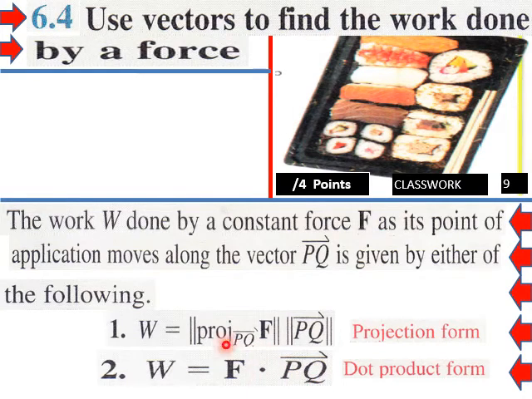So these are two different forms that we can use to solve a problem that involves work. When we have a work problem, these are the two methods of finding a measure for work.